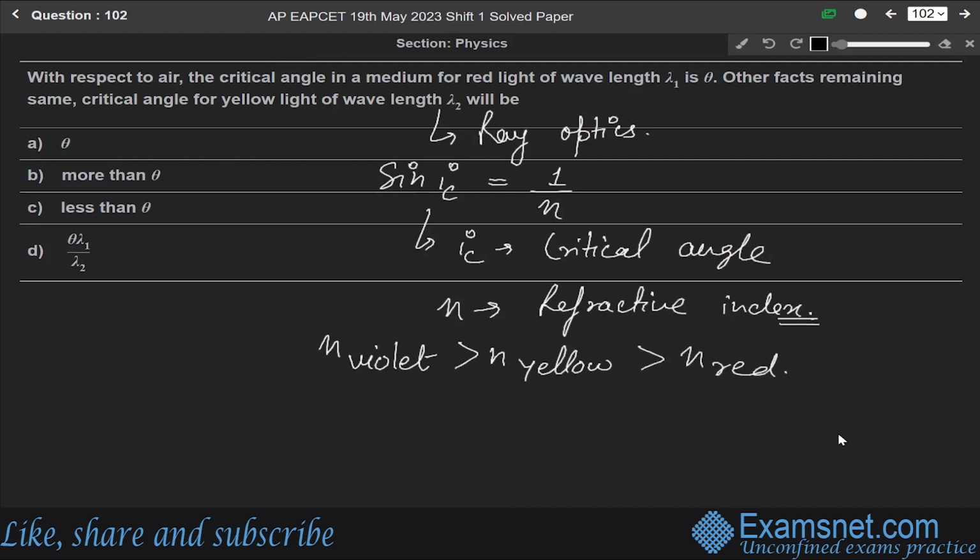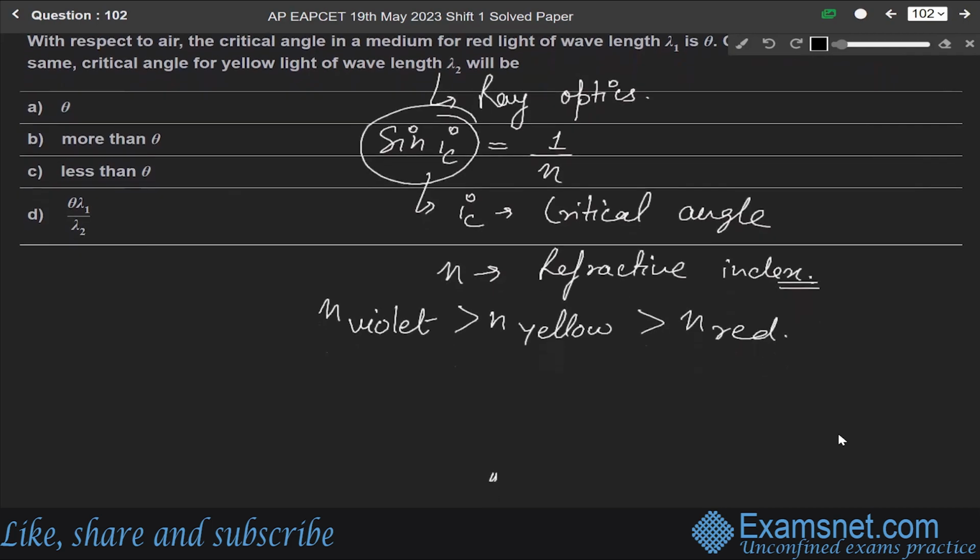Since sine of the critical angle is inversely proportional to the refractive index, we can say that the critical angle for violet color is less than the critical angle for yellow color, and it is less than the critical angle for red color.